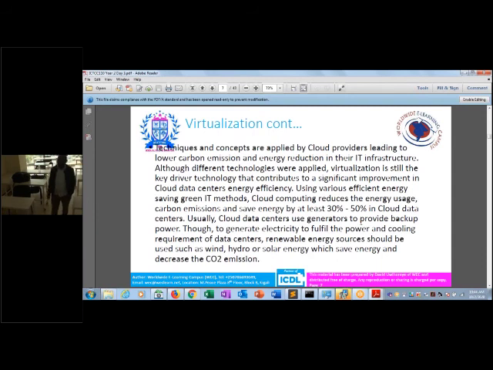Although different technologies were applied, virtualization is still a key-driven technology that contributes to a significant improvement in making cloud data centers energy efficient. So there are many technologies used to achieve this task.